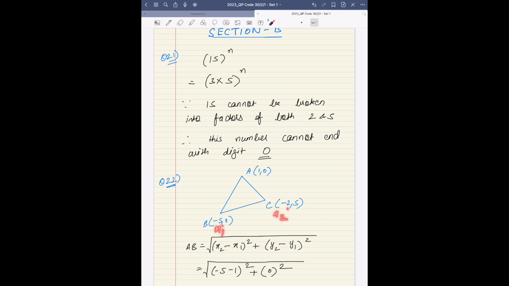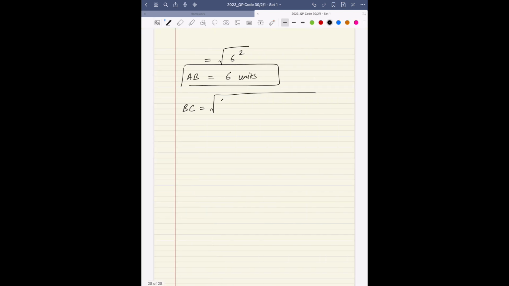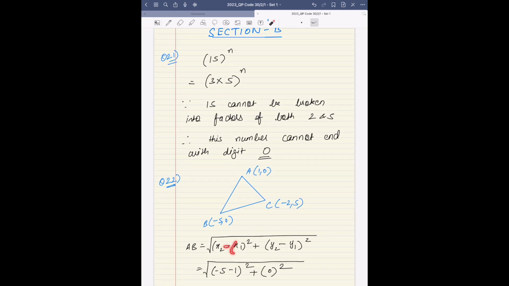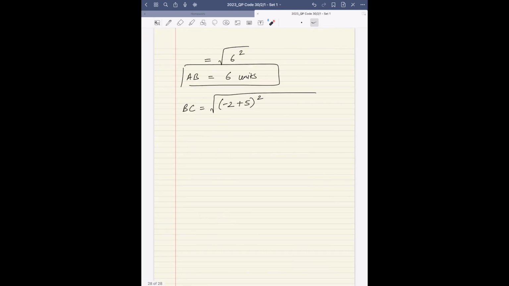So minus 2, minus 5. What we'll get? We'll get minus 2, and minus of minus 5 will become plus 5, right? Because you already have a minus. So x2 minus x1 gives you that. Then y2 minus y1 is simply 5 minus 0, or simply, let me write it for completeness' sake, 5 minus 2, right?